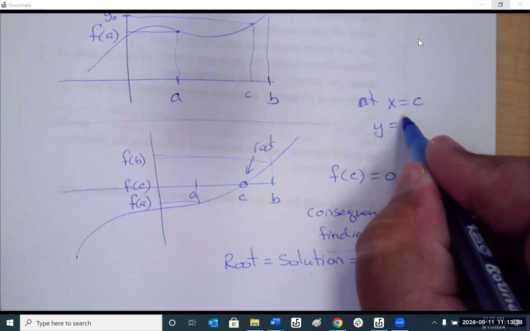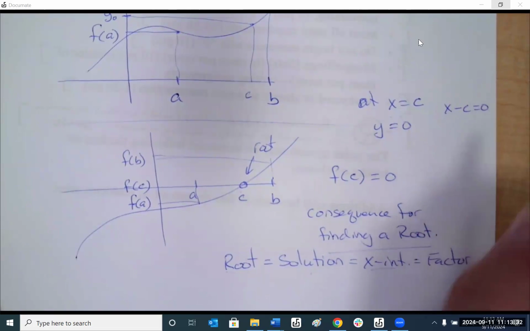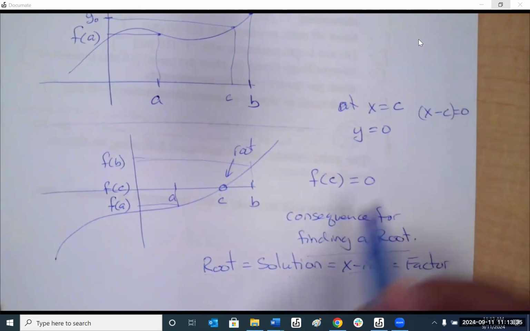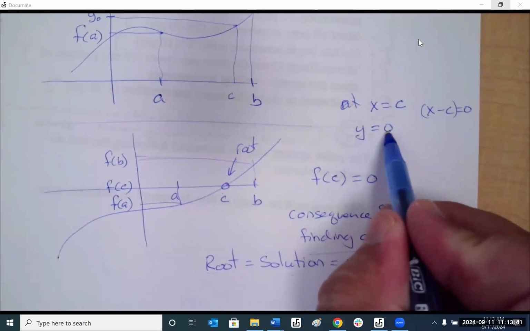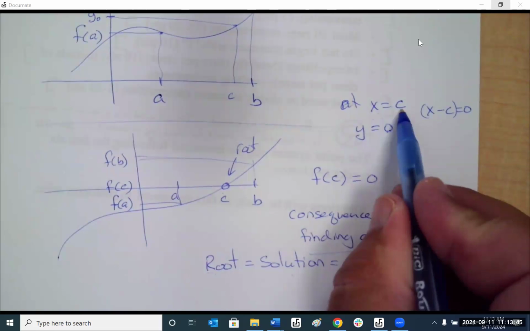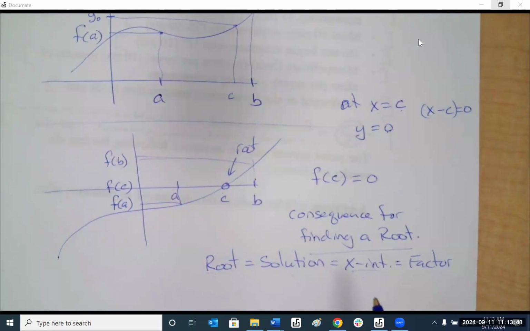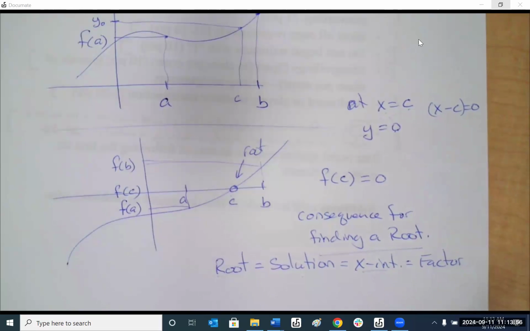So let's find the polynomial it came from. So x minus c equals 0, and there's your equation. Now, whenever you set y equal to 0, whatever x values correspond to it are your x-intercepts by definition. So that's what we use the intermediate value theorem for.